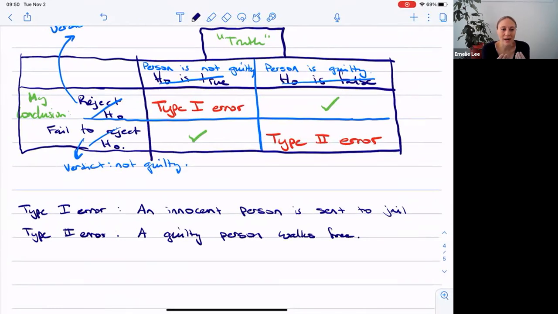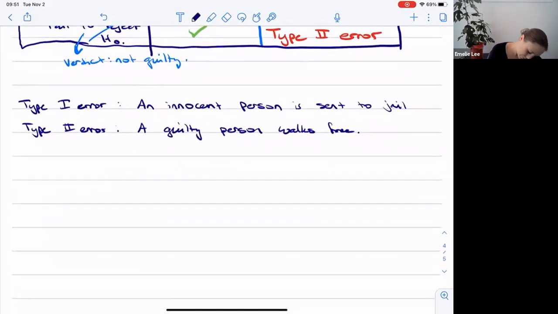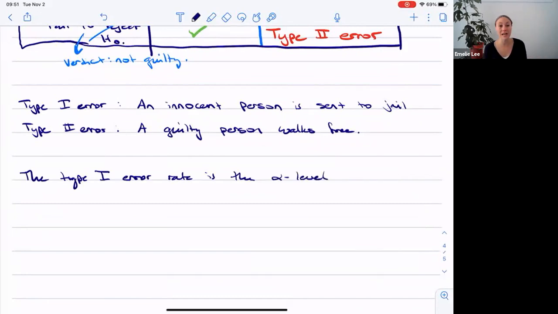So depending on how dangerous or expensive it is to make a type 1 error, we're going to adjust our alpha level, right? Because that's our type 1 error rate. The type 1 error rate is the alpha level. We called it alpha, but we'll call it the alpha level.